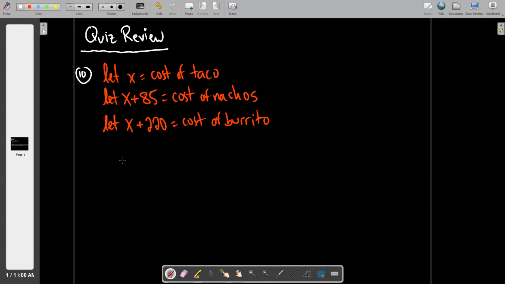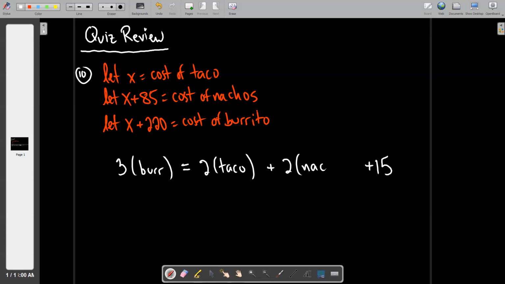So I would write it down as: 3 burritos cost, and when it says cost, that means equals, 15 cents more than 2 tacos and 2 nachos. Are you comfortable with that sentence? It's not all words, but it's just enough words that we are not intimidated by it. It should make logical sense that that's the way it goes. You good with that?